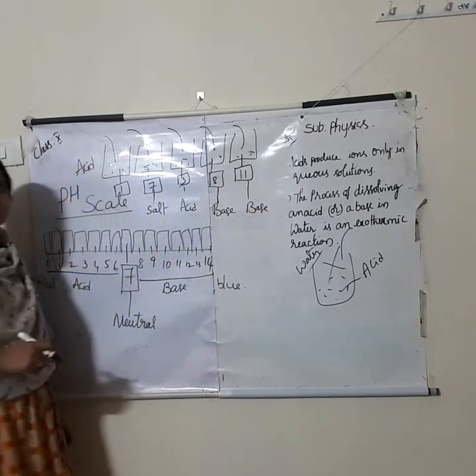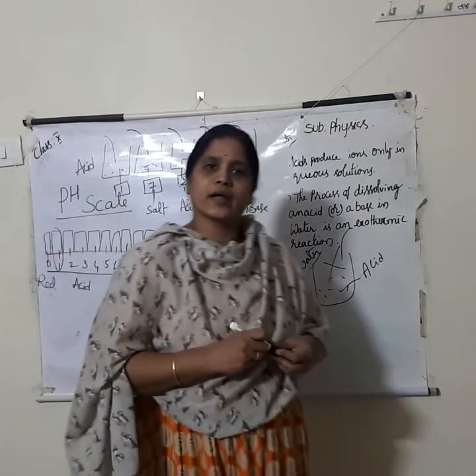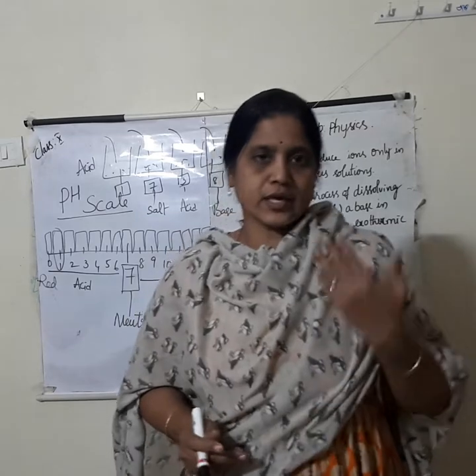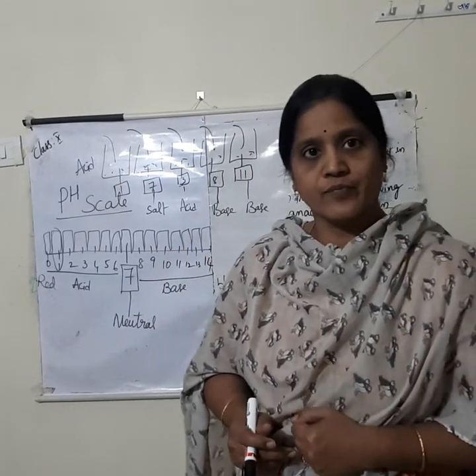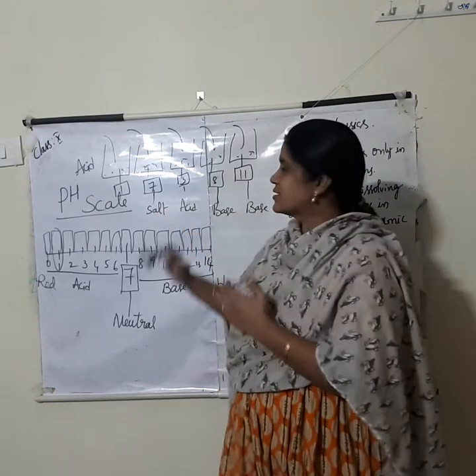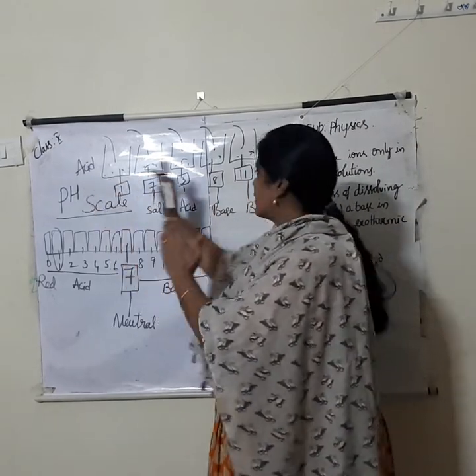So like this, by using the universal indicator, we can find out whether the given solution is strong or weak. Here I only said whether they are acidic or basic.